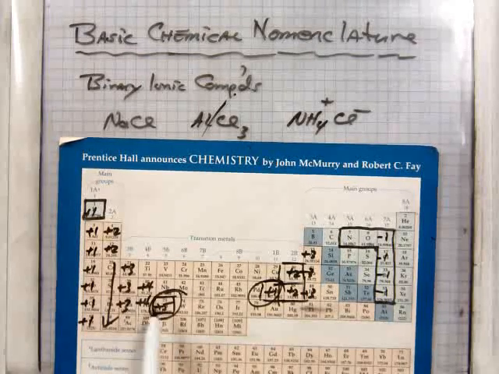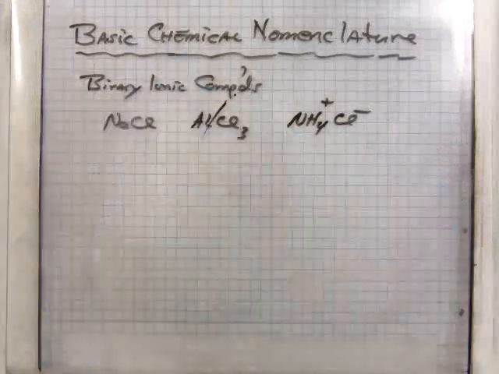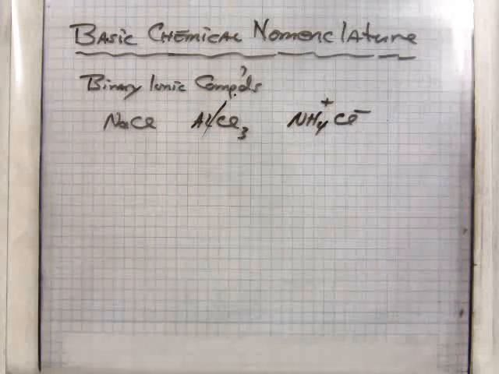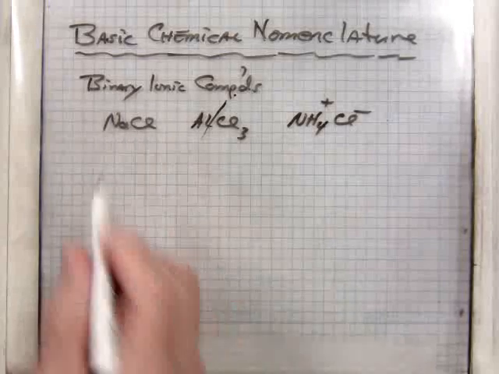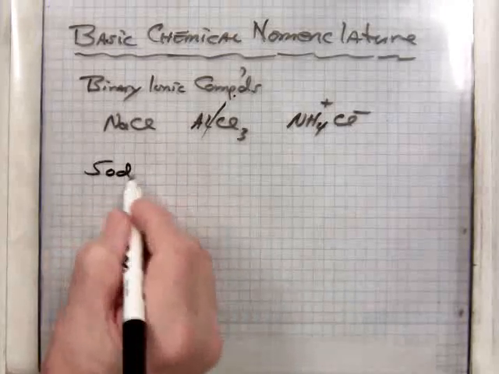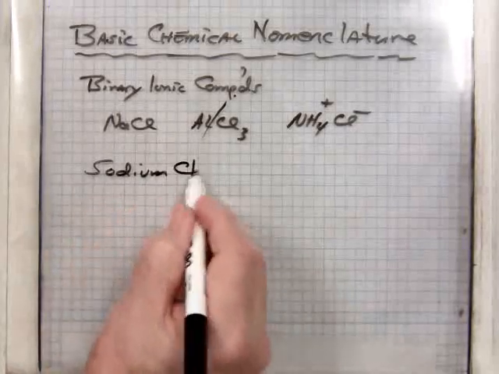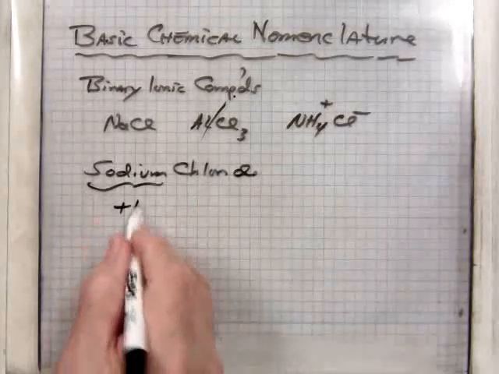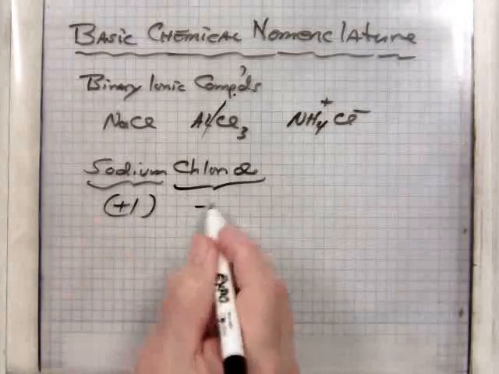And so that kind of fills in the rest of it. Okay, so if we have a fixed charge, you don't have to put any special notations in. For example, here, sodium chloride. Sodium is always a +1 and chloride is always a -1.